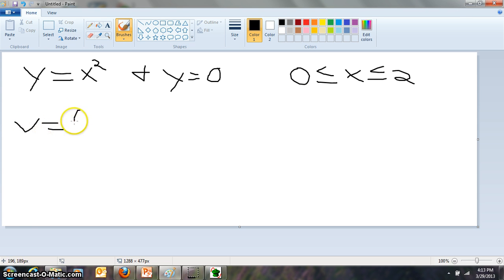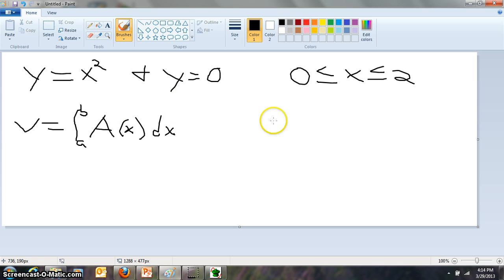Now, volumes of revolution equal the integration between some point A and some point B of the area as a function of x, dx. It depends on what method you use, how you solve for the area.